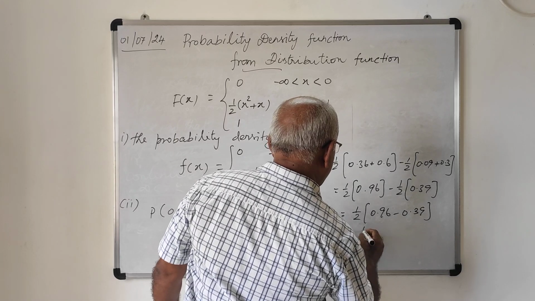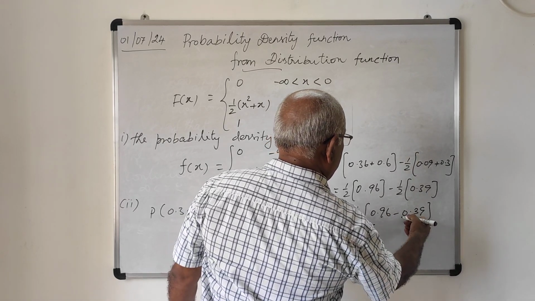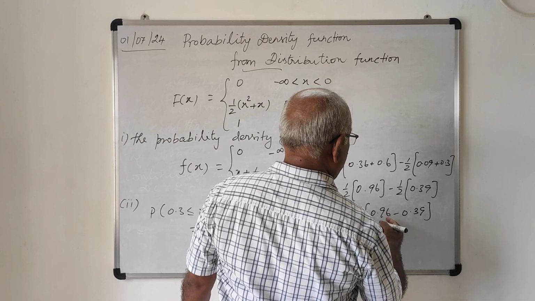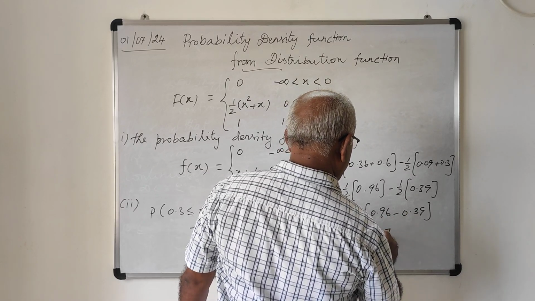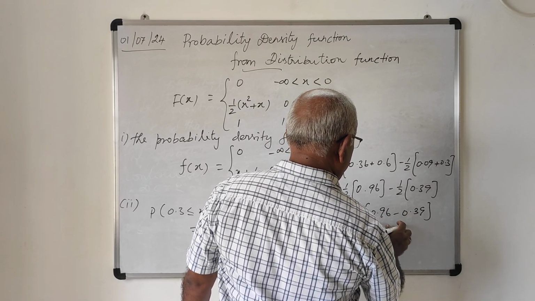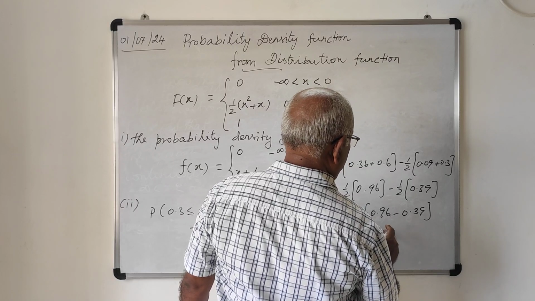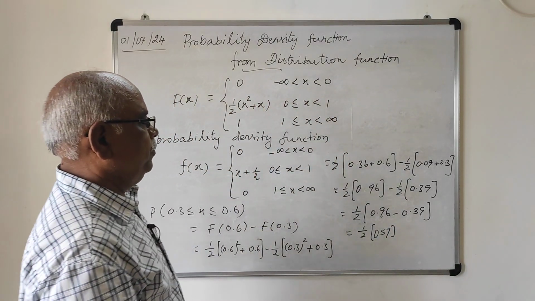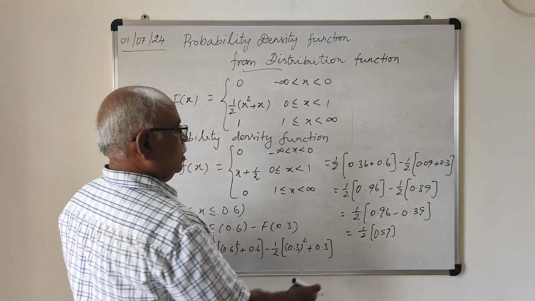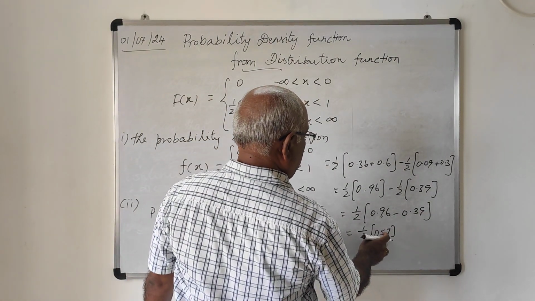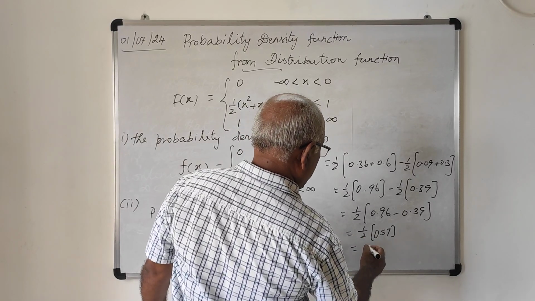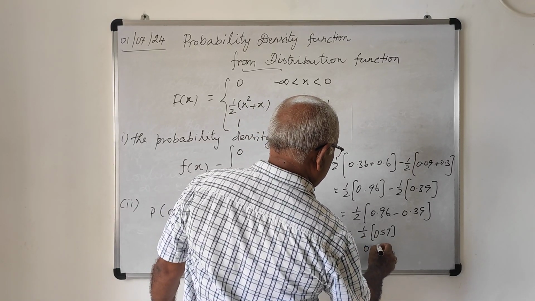You will get 1 by 2 into 0.57. 0.57 divided by 2 is 0.285.